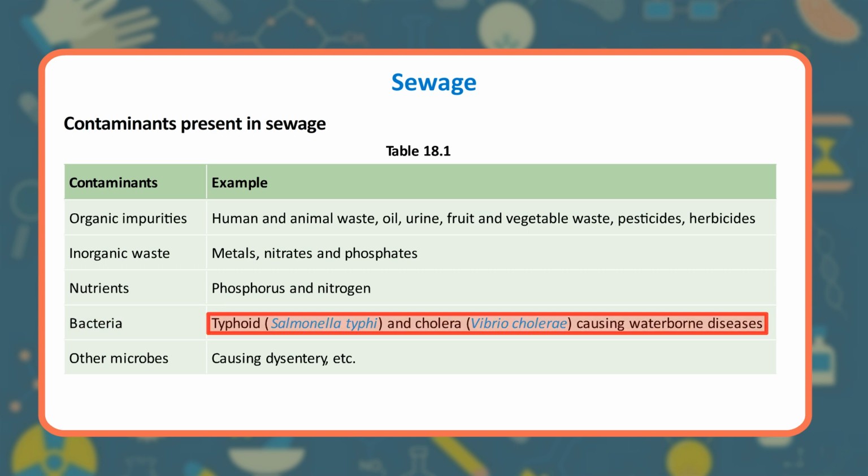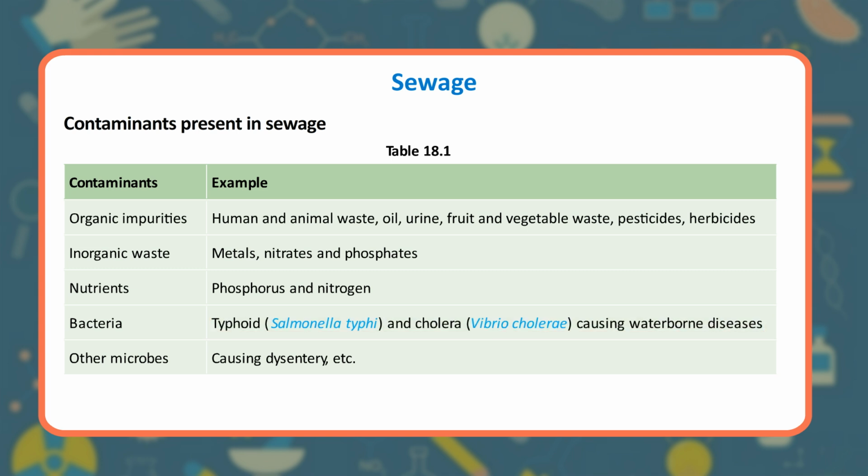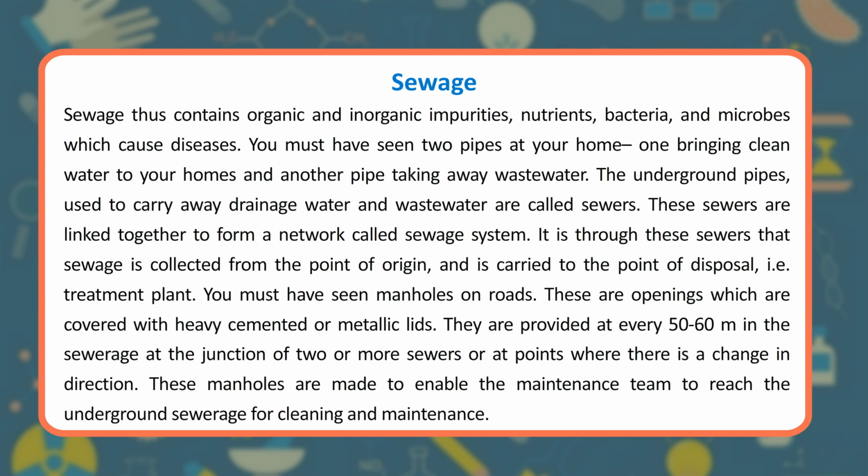Bacteria: typhoid, Salmonella typhi, and cholera, Vibrio cholerae, causing waterborne diseases. Other microbes, causing dysentery, etc. Sewage thus contains organic and inorganic impurities, nutrients, bacteria, and microbes which cause diseases.